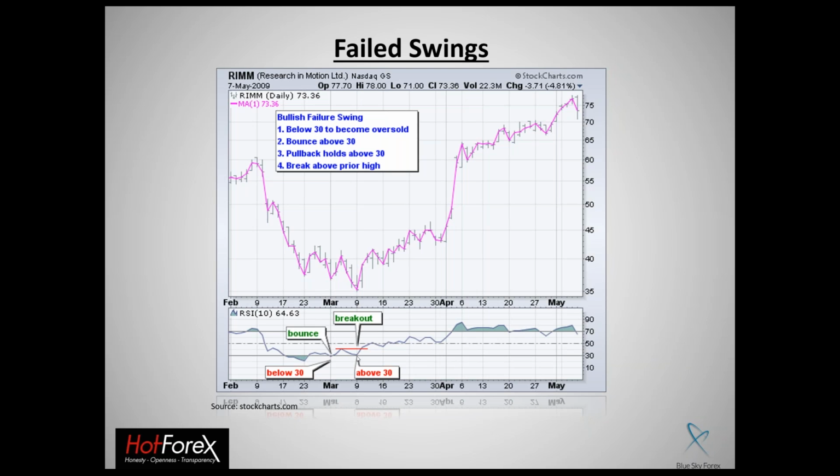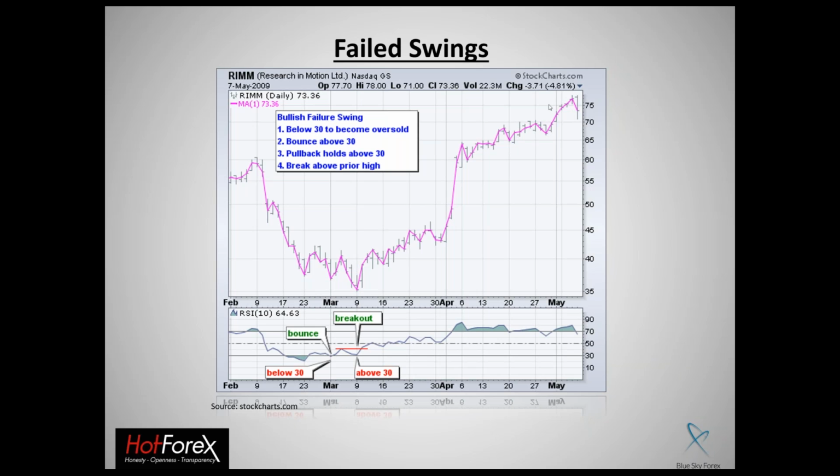If it does not break below 30 again at this point, when it comes back down to the RSI 30 level the second time, when it does not pierce it but bounces back up again, and on its way upwards it pierces the level 40 or 41, 42, then you have a bullish failure swing, because it failed to go to the oversold extreme, and you have a price reversal and it's going to start its bullish movement, a bullish wave upwards.